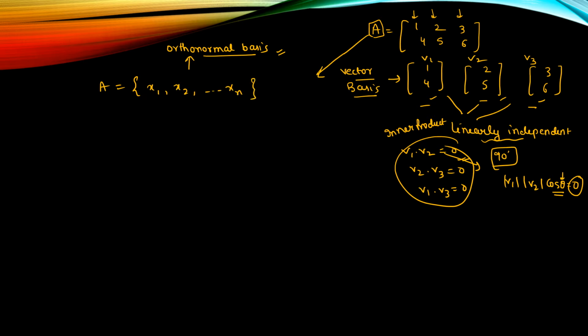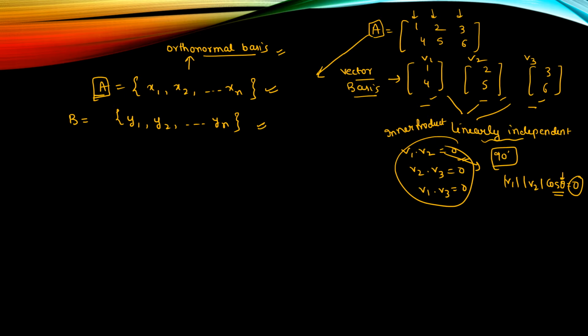Now if you have to find orthonormal bases, let's say B, then this will be represented by a set of y1, y2, yn. Now you may ask, what do we mean by y1? Because if a matrix is given to us, we can find x1, x2, xn. But how do we get y1, y2, yn?